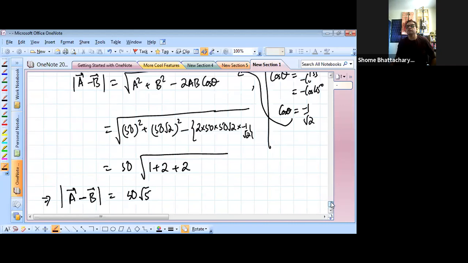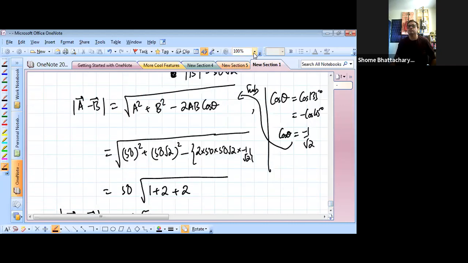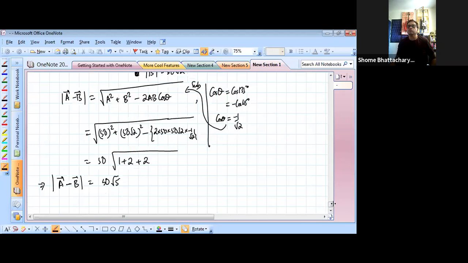And you can make the vector triangle and verify this also, which I'll do in a moment. But first, just note this down.